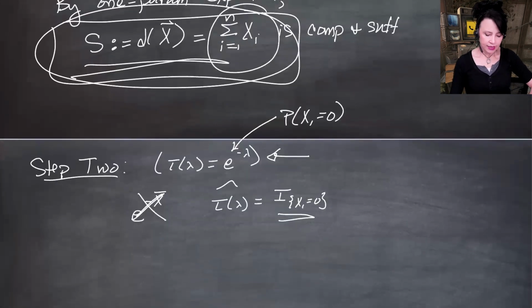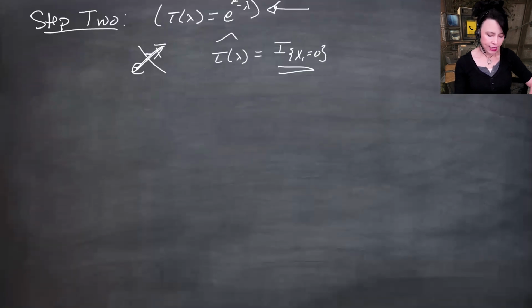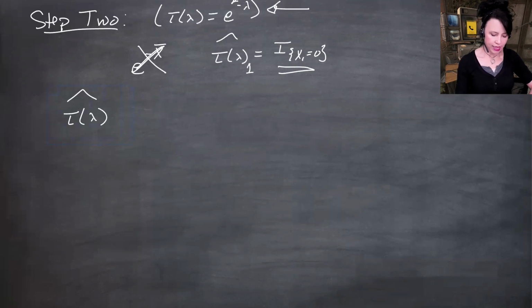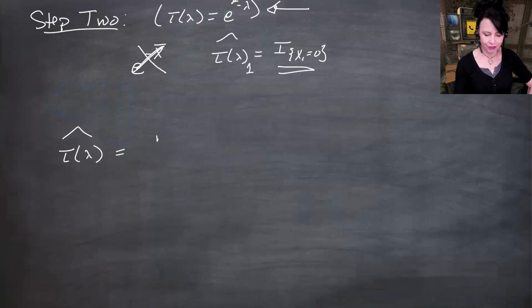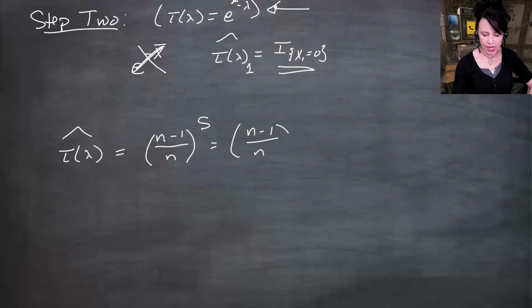And yeah, we found an unbiased estimator, like I'll call this tau lambda 1 hat, and it was kind of strange. I mean, it was not guessable. It was n minus 1 over n raised to the S, or if we want to see the x's in there, n minus 1 over n raised to the sum of the x's.